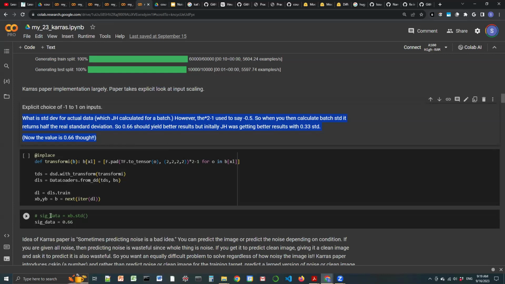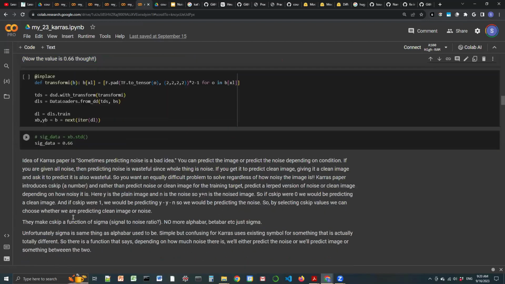And so he claims that his original SIG data was 0.33, and he got good results with that. But as you can see in the notebook, by the time the final version of the notebook was published, it was published with 0.66.